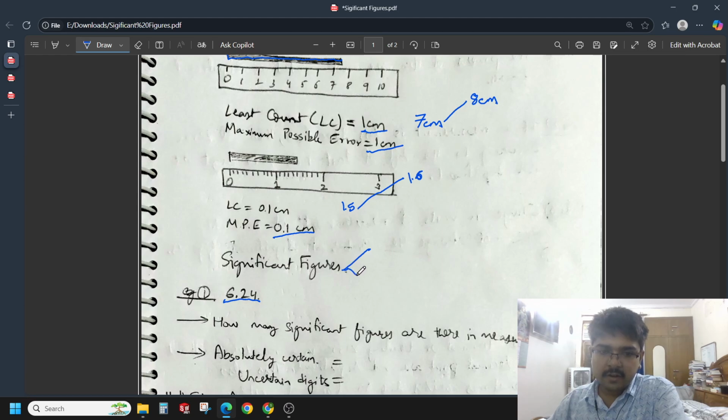In this case, 6 and 2 are certain, and 4 is uncertain.